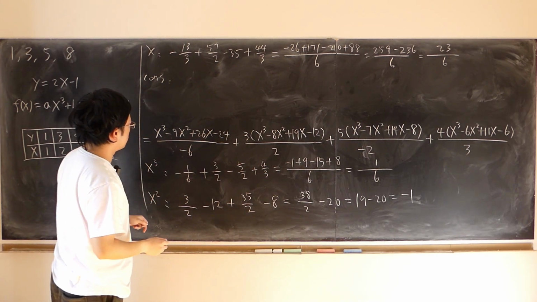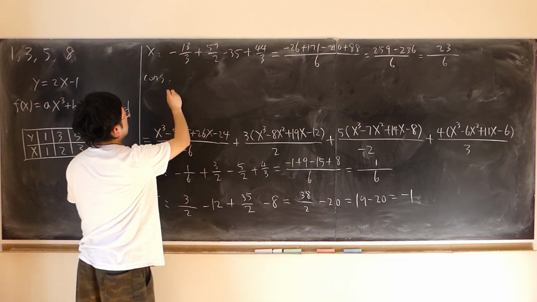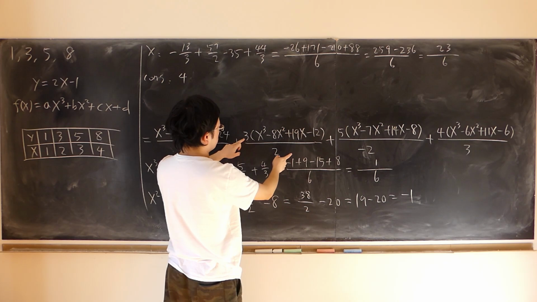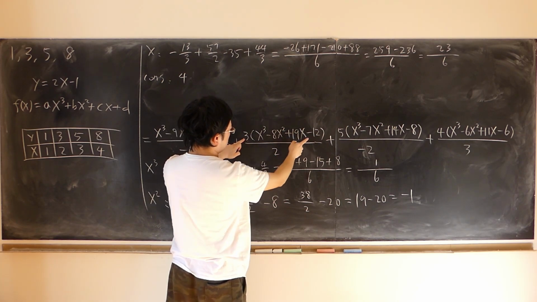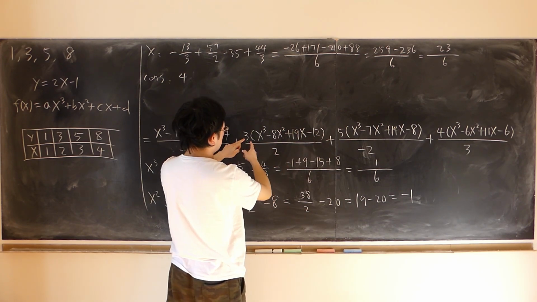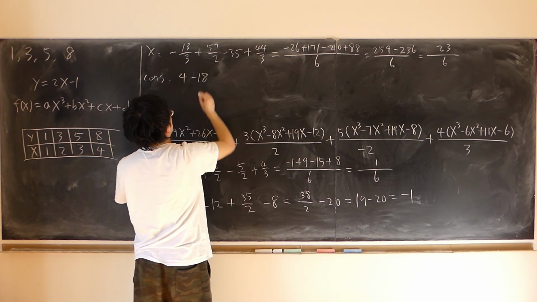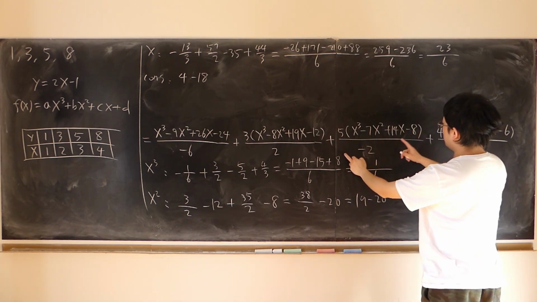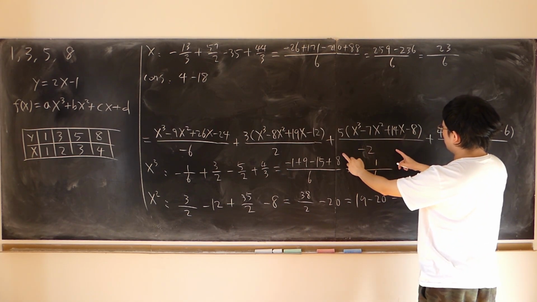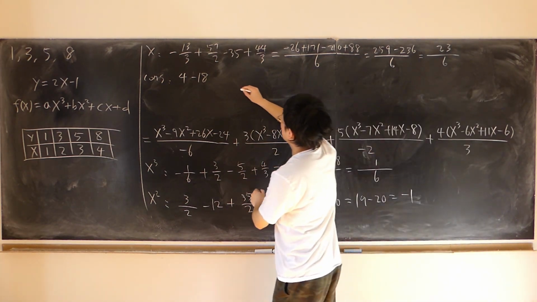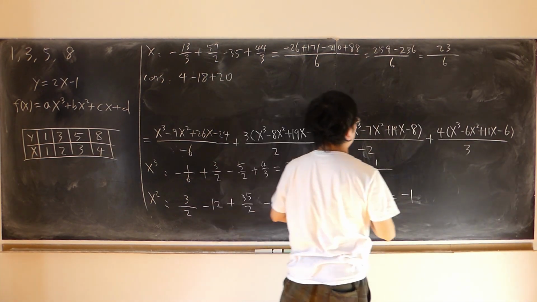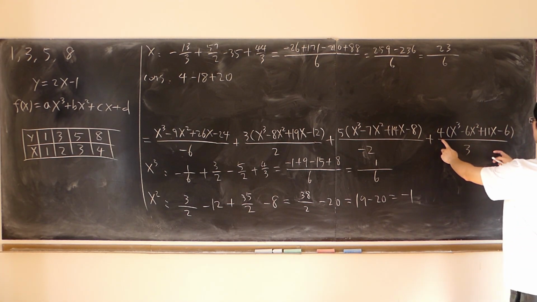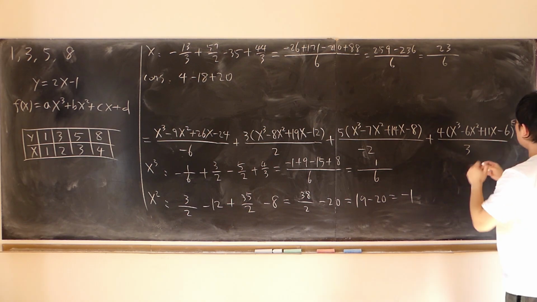So the constant term is what? This over that, so positive 4. 3 times this over that, negative 6, negative 18. This over that, 4. 4 times 5, 20, plus 20. Also this term, this over that, negative 2, negative 8.